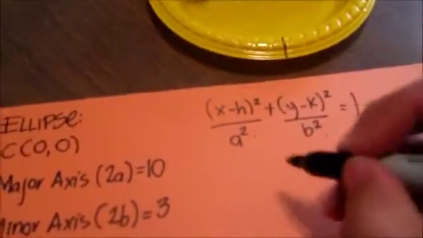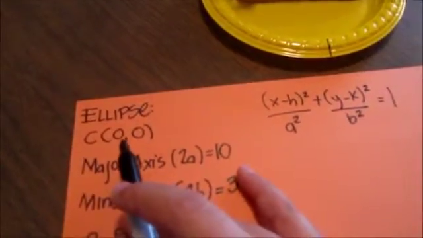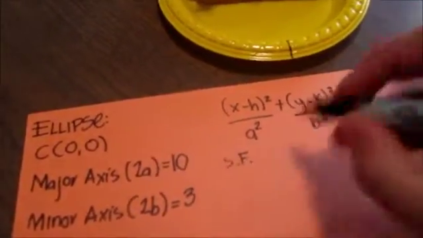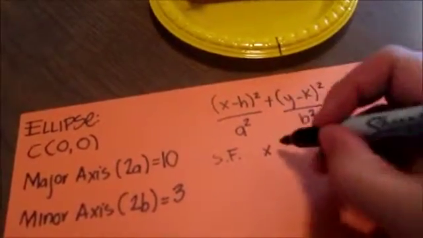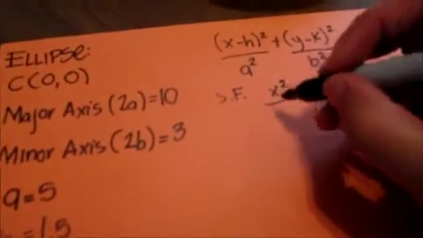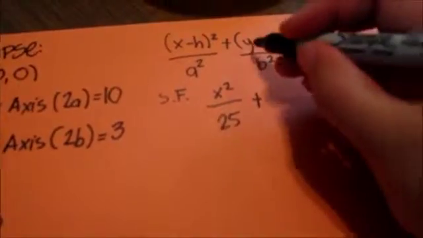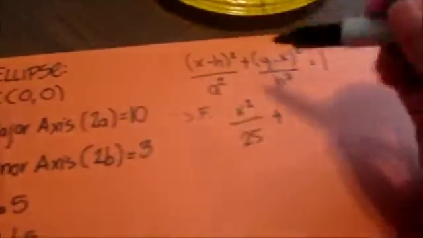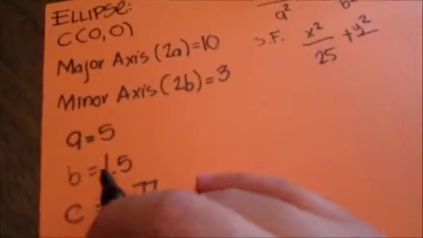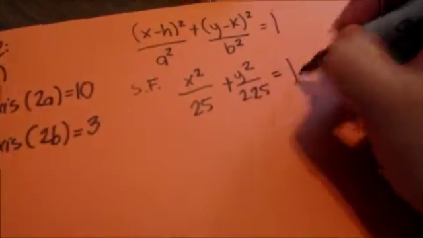So you need to replace the values given before. h and k are the values from the center, and in this case, since it's 0, 0, your standard form will start with x minus 0 squared, which is x squared divided by a squared, and a squared is 5 to the second, that is 25, plus y minus k, and k is 0, so it's going to be only y squared divided by b squared. b squared is 1.5 to the second, that is 2.25, equals 1.